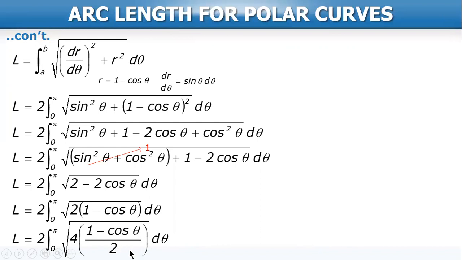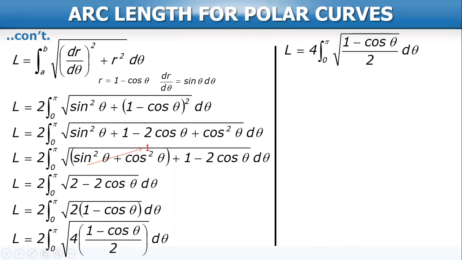And if you simplify this, the result is the same. The target is to come up with this expression, 1 minus cosine theta over 2, so that we can use an identity. So square root of 4 is simply 2, so 2 times 2, that's 4. The intention is to come up with this, that is why we modify it, so it will result in 1 minus cosine theta over 2.